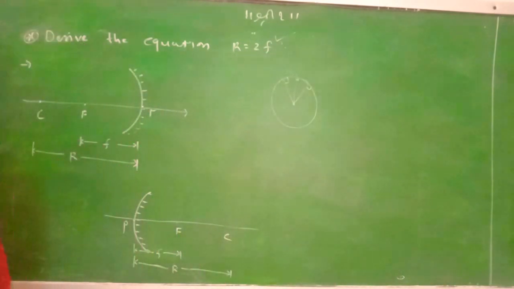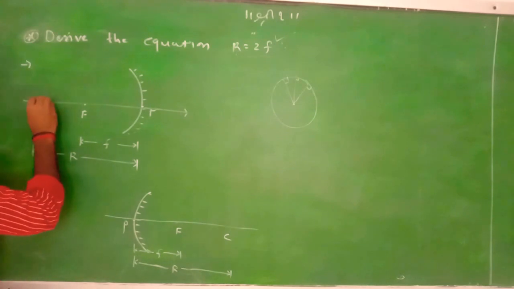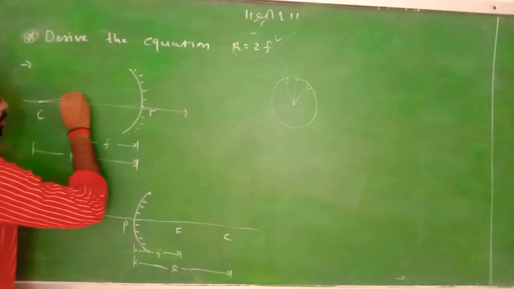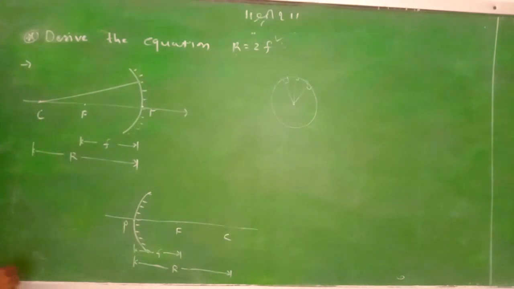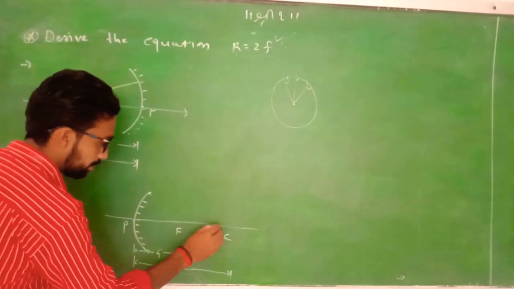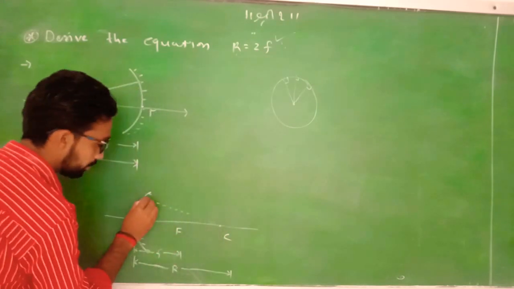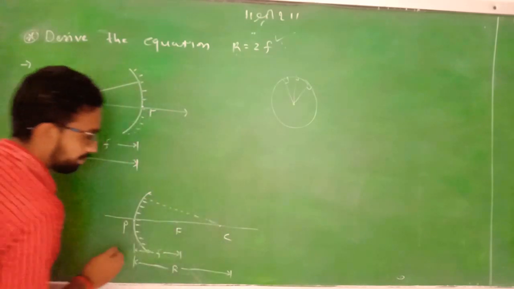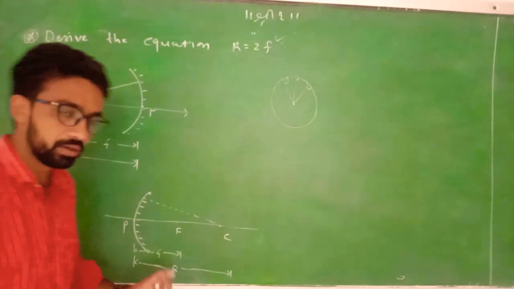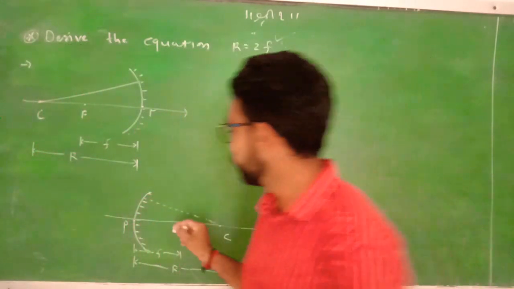First of all, we draw that normal, indicated by a different color. You can see this is the normal. In the same way you can draw the normal here. Here it is shown by a dotted line because it is behind the mirror, and because of that it is denoted by a dotted line.